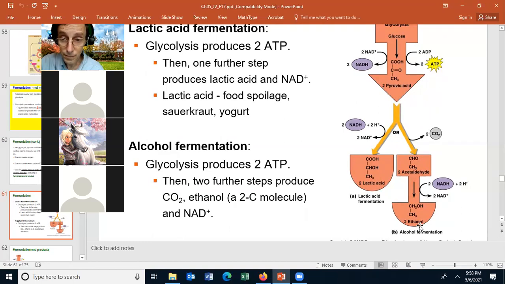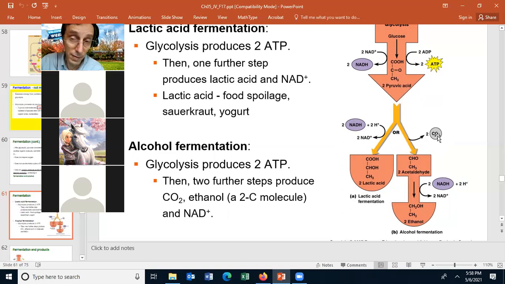Okay? You'll note that ethanol is a smaller molecule than pyruvic acid. Pyruvic acid has 3 carbons. Ethanol has 2 carbons. So 1 carbon comes off.